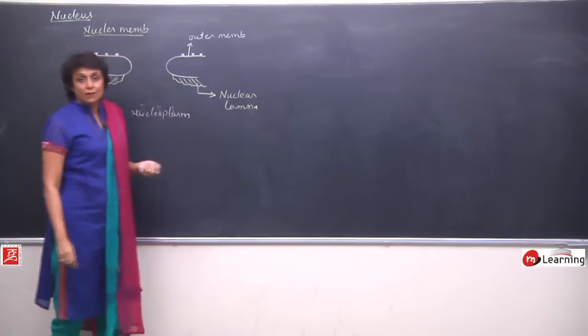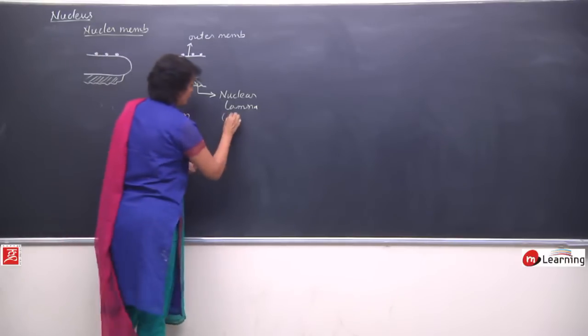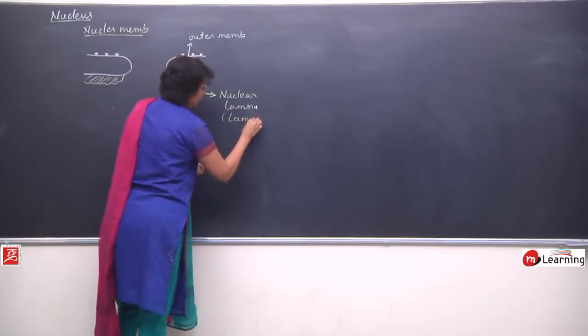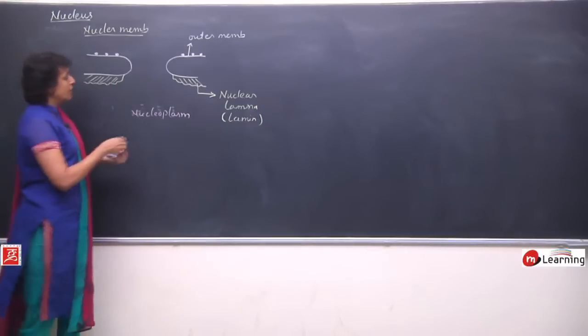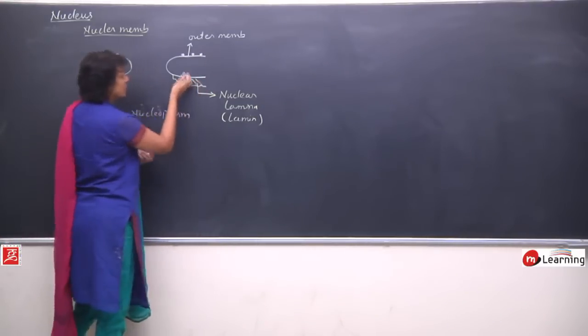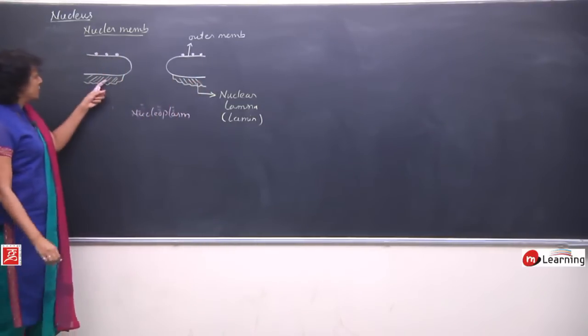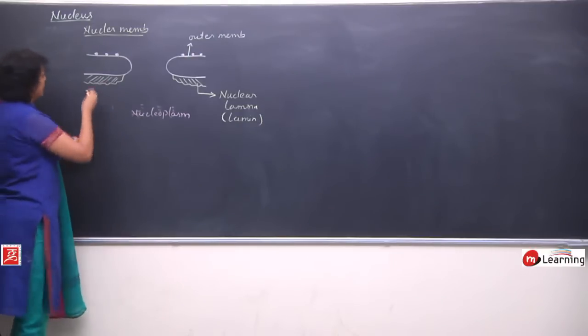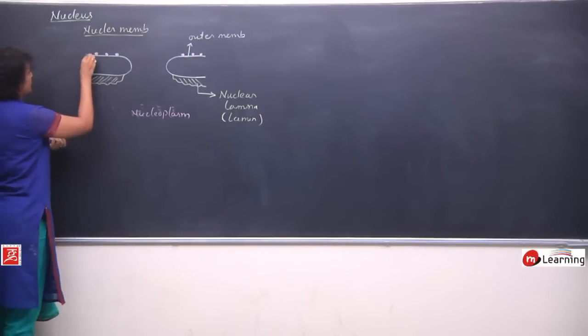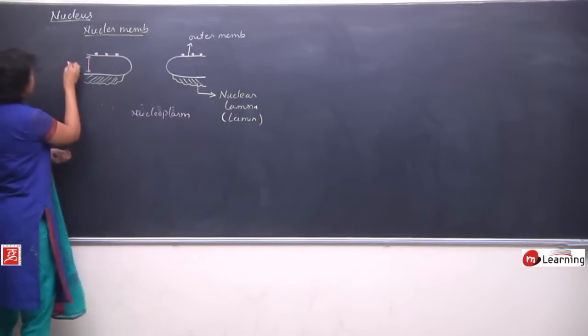It is also known as lamellar layer, which is made up of a protein called lamin. It is helping in providing strength to this nuclear membrane. So this basically is a supporting membrane, and this space which we see here is the intermembrane space.